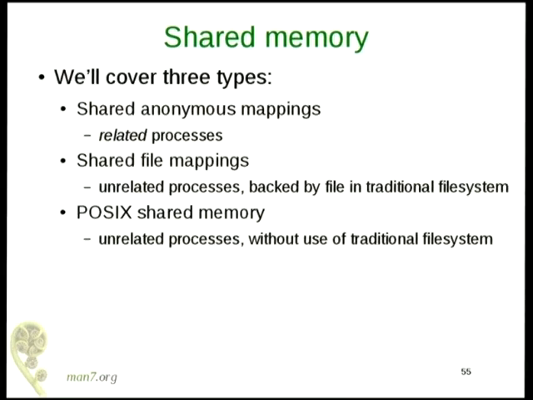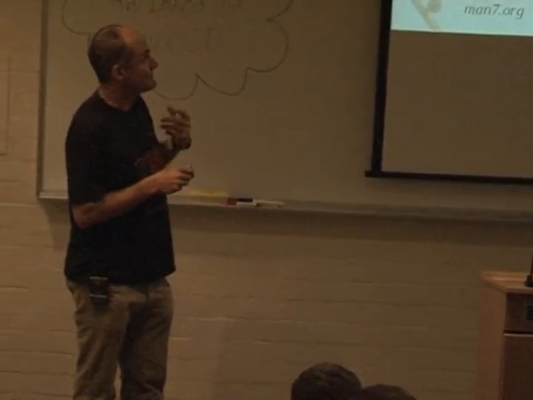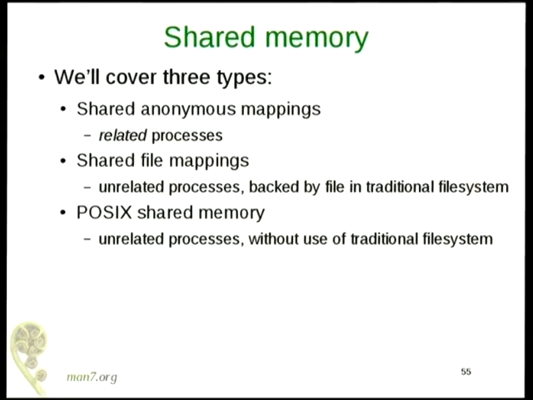There are three types of shared memory that I'll try and race through: shared anonymous mappings, shared file mappings, and POSIX shared memory. There is a fourth one which I'm going to leave out, System 5 shared memory, because like the rest of the System 5 IPC mechanisms, the interface is not so pretty. Shared anonymous mappings allow related processes to communicate.